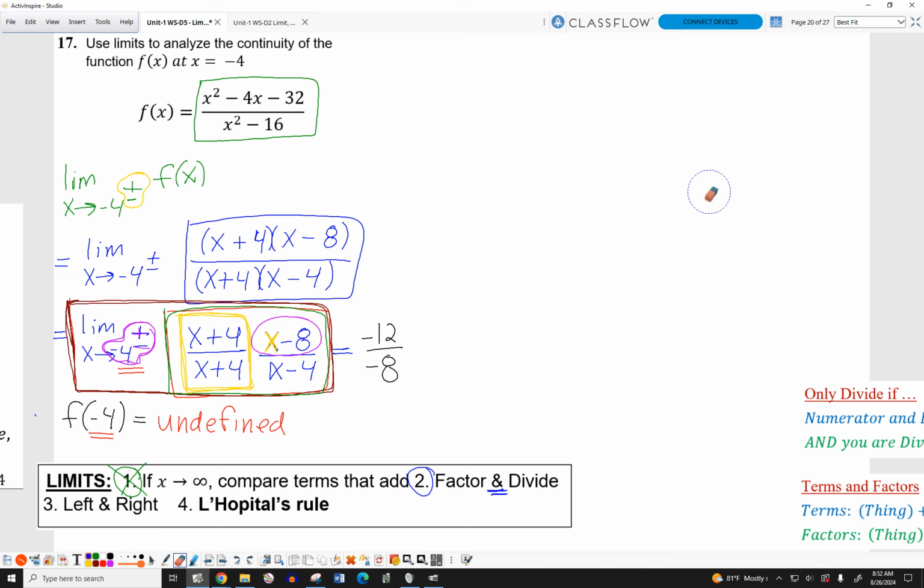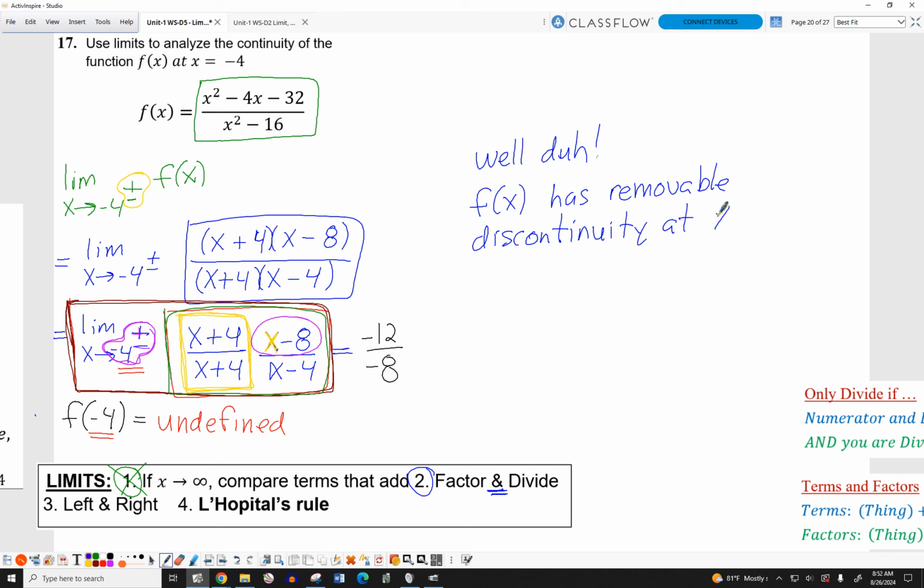So the conclusion is, therefore, f of x has a removable discontinuity at x equal -4 because, abbreviate that, the limit overall as x approaches -4 of f is not equal to f of -4.